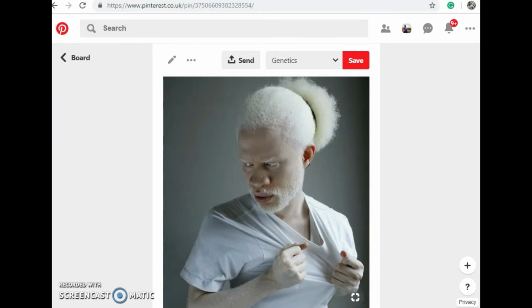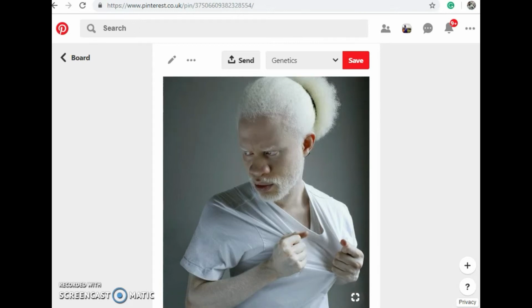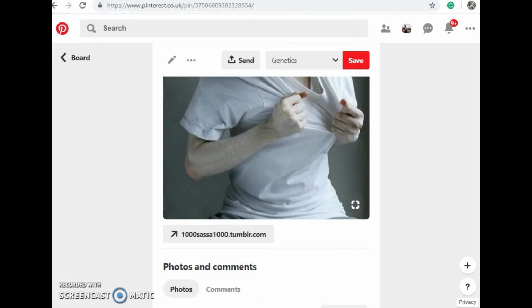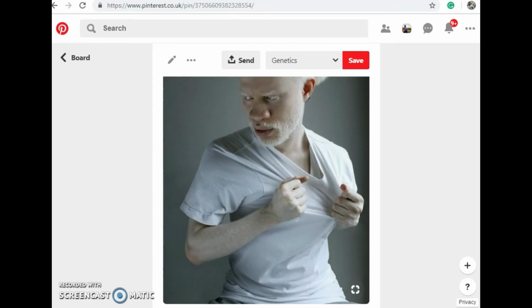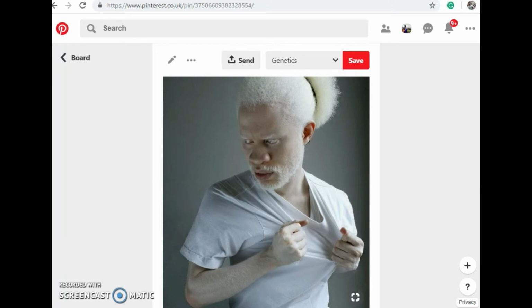Basically, this is albinism. What's happening is pretty similar to vitiligo, but this is the whole body, and basically all the genes that produce pigmentation are switched off. Not semi, just completely switched off, which produces this color.